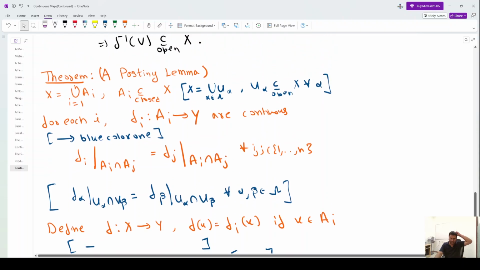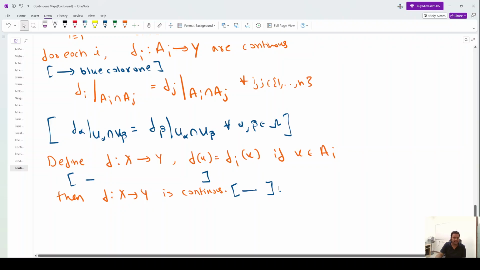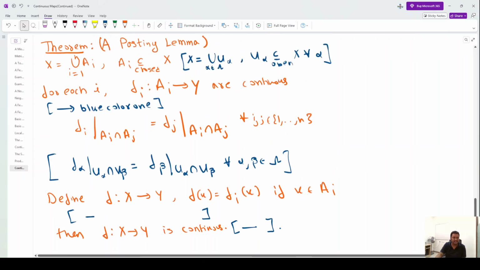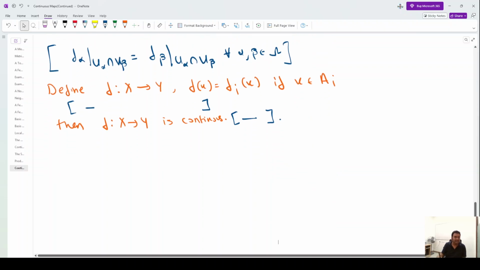I'm not going to prove it in full; I will give you an observation. Or maybe let's see. Okay, so the proof. So the observation is, let's do it for the closed sets. Let us prove it.